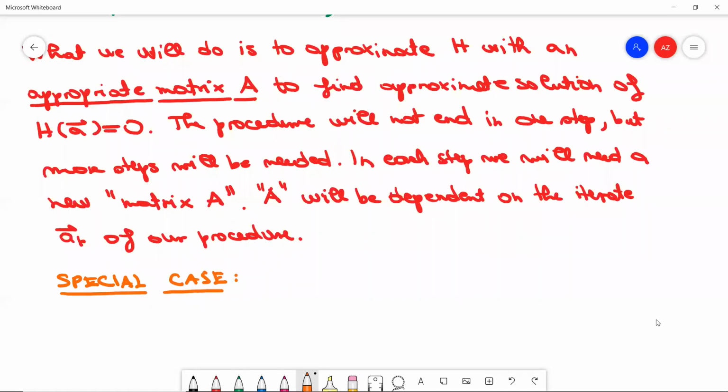So H is just a univariate function, so it's not a vector function. The variable is not a vector variable. It's just a usual function. So H of A is a real number.